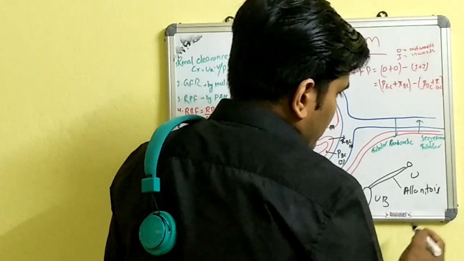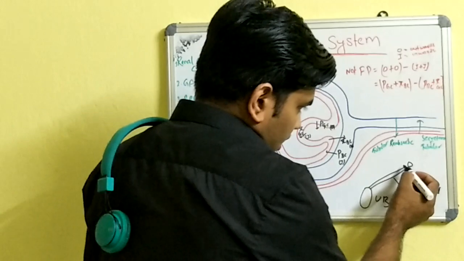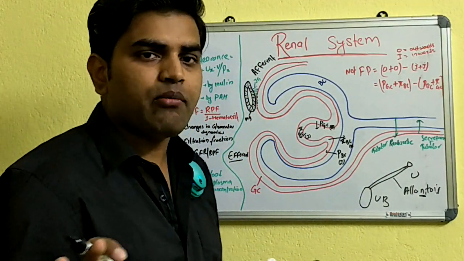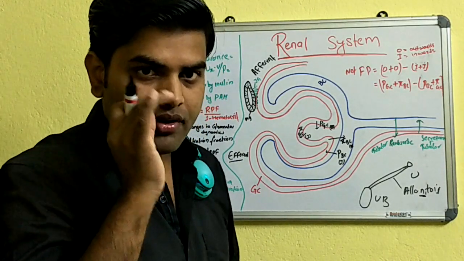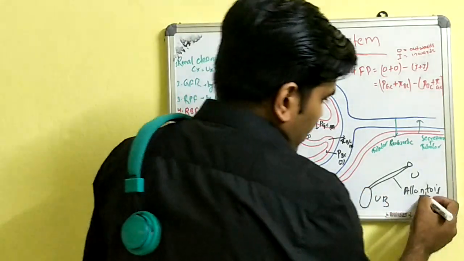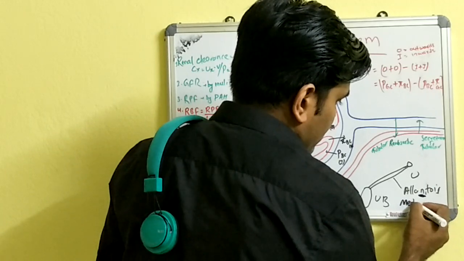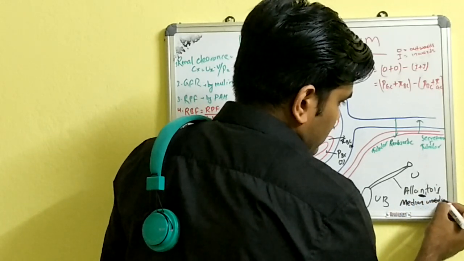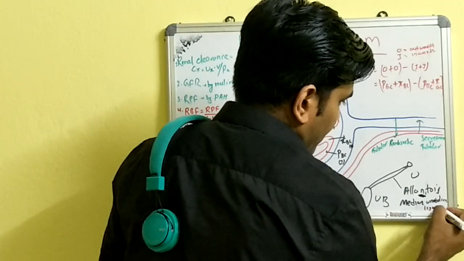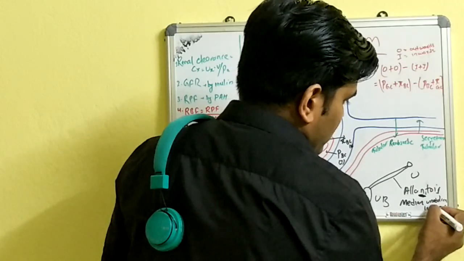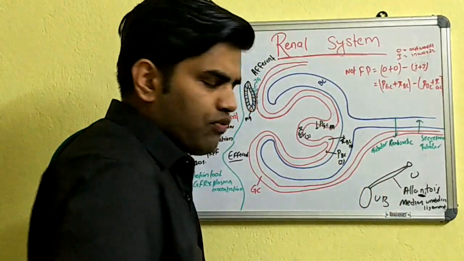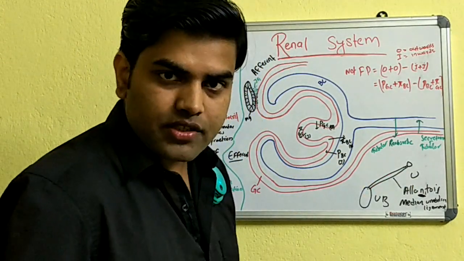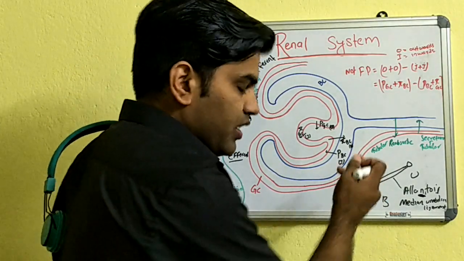Allantois, A-L-L-A-N-T-O-I-S. After birth, this allantois disappears and remains as the median, M-E-D-I-A-N, median umbilical ligament. So the focus is that there is a connection between the urinary bladder and the umbilicus; we also call it the urachus.